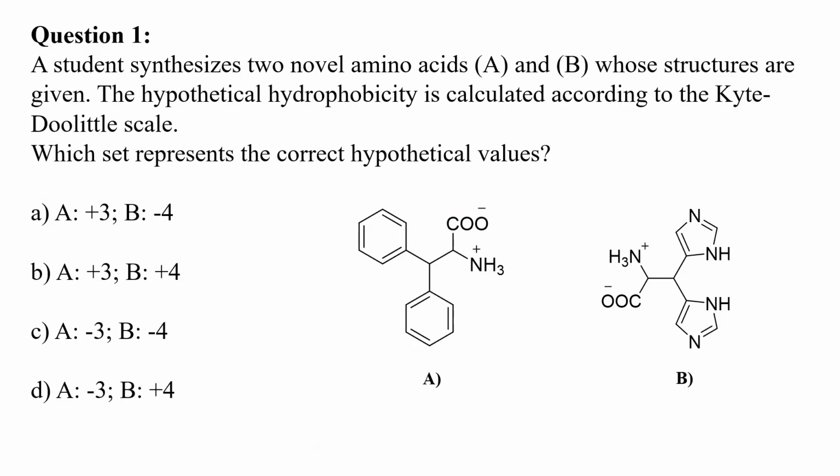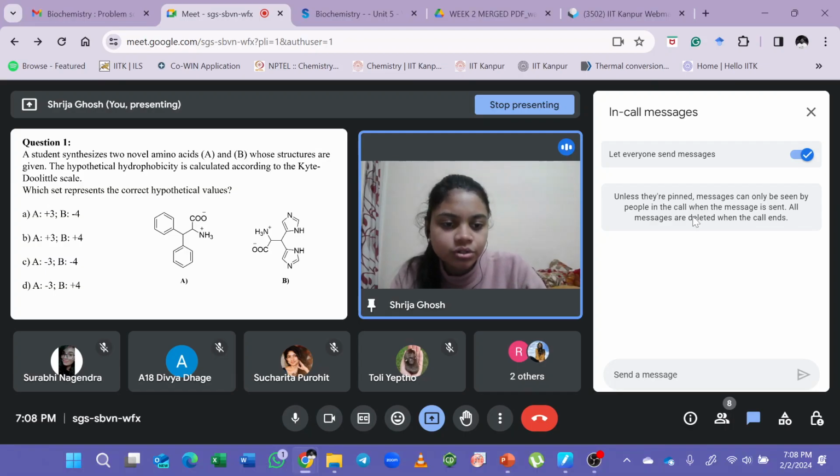In one of the structures there are NH groups present in the ring structure, and the other structure has benzene rings attached. So what do these nitrogens do? Nitrogens are highly electronegative atoms. Nitrogen can happily make hydrogen bonds.